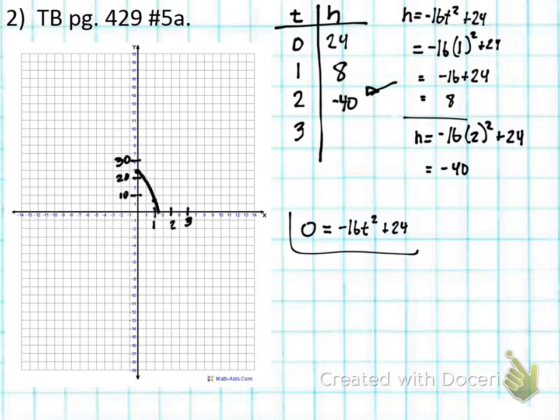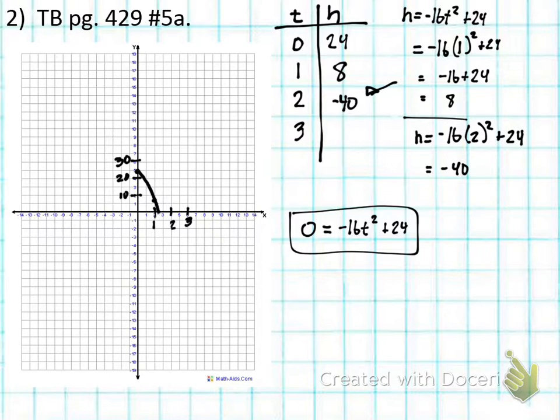Okay, in this example, I got a question for you. What's a equal to? What's the number in front of t squared? Good, negative 16. What's b equal to? There's no b. What's c equal to? Good.